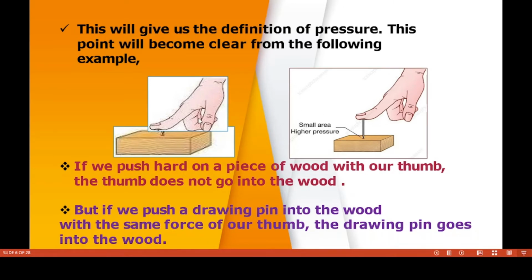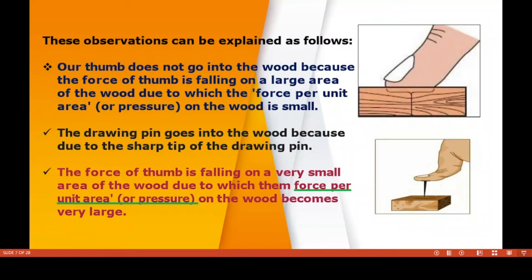Here see children, two pictures are there. First one, if we push hard on a piece of wood with our thumb, the thumb does not go into the wood, isn't it? But if we push a drawing pin into the wood with the same force of our thumb, the drawing pin goes into the wood. Why? What is the reason? Our thumb does not go into the wood because the force of the thumb is falling on a large area of the wood, so the pressure on the wood is very small.